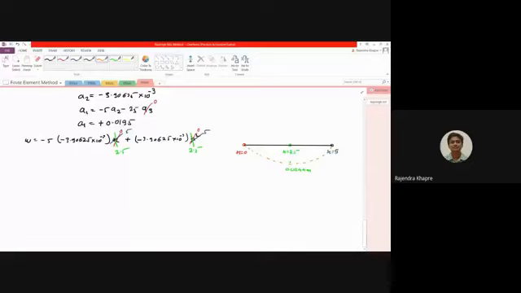And since this is a simply supported beam subjected to concentrated load, it should behave like this only, isn't it? So the maximum deformation will occur at the center of the beam, and its value is 0.0244 meters. If you convert it into millimeters, it will be 24.4 millimeters, isn't it?